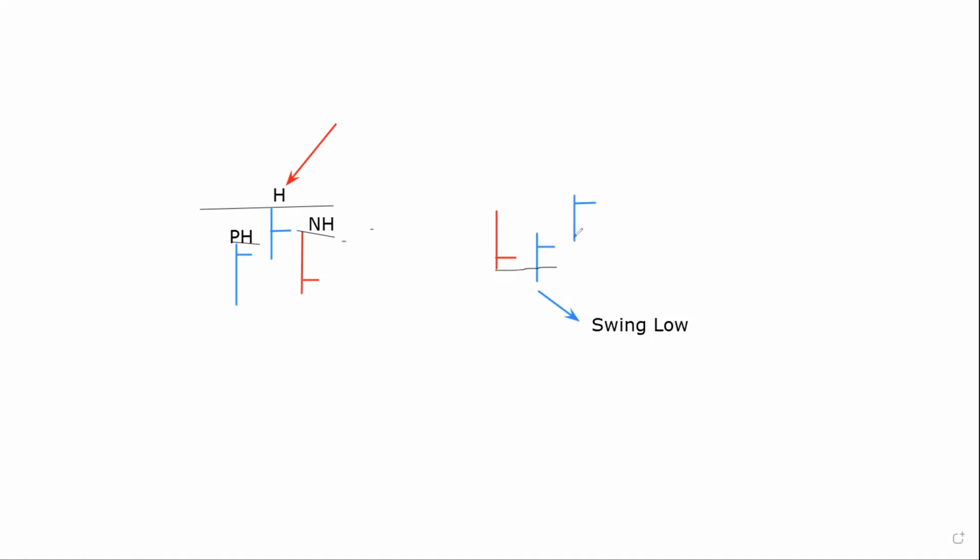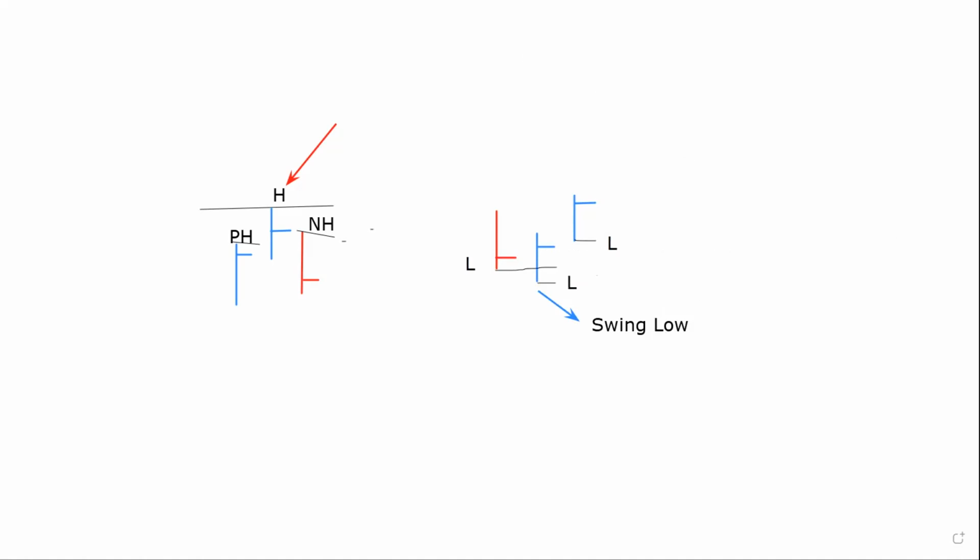The low of this bar is lower than the low of the previous bar and the low of the next bar.